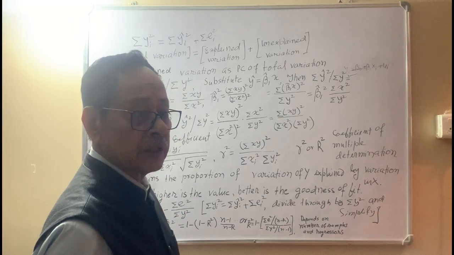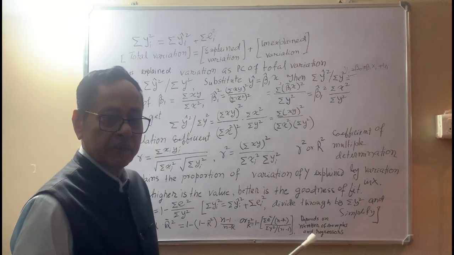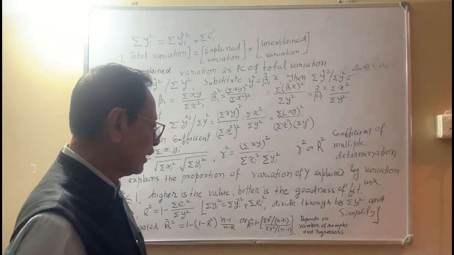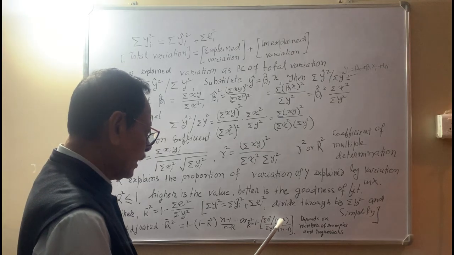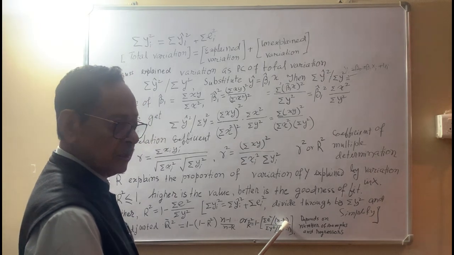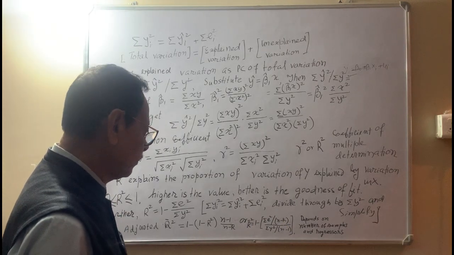Generally in multiple regression, y is a function of x1, x2, and so on up to xn, and in that case the number of observations and the number of independent variables will affect the value of R square.